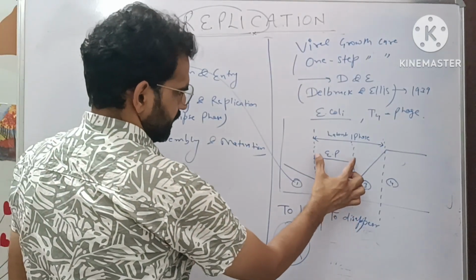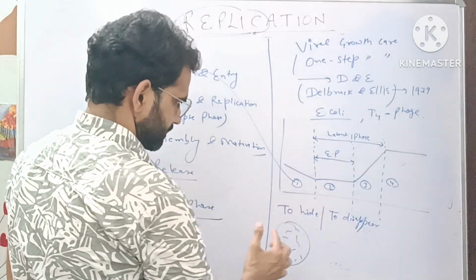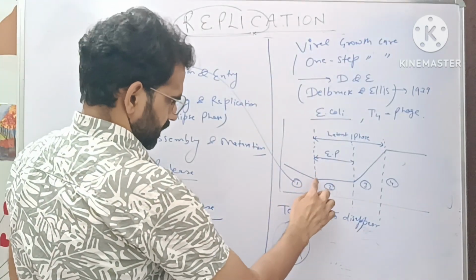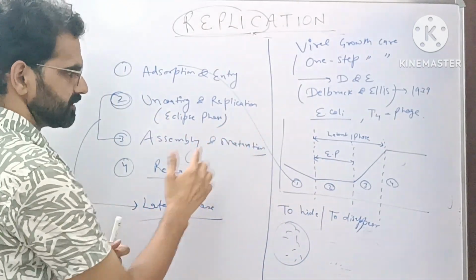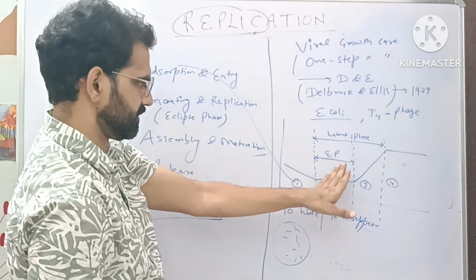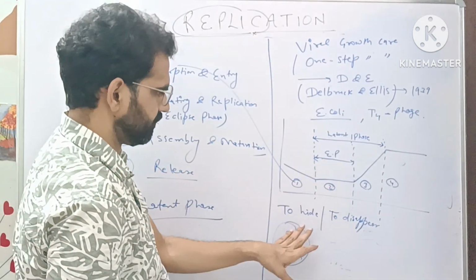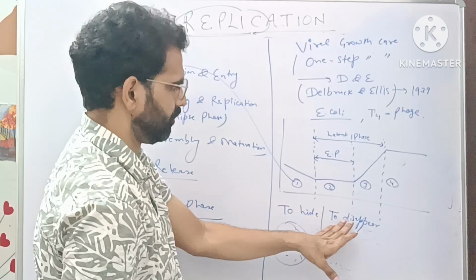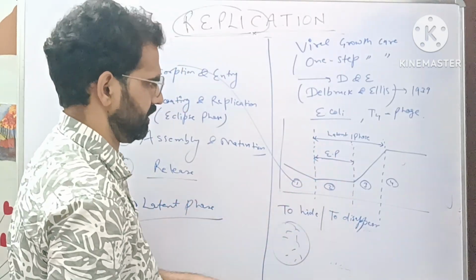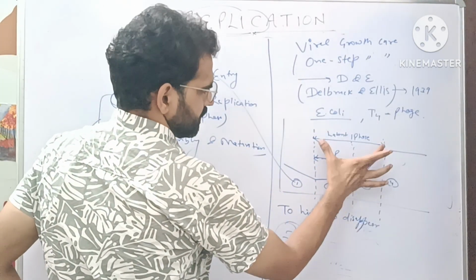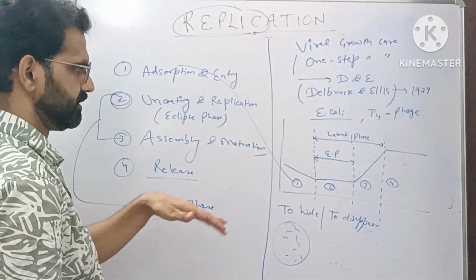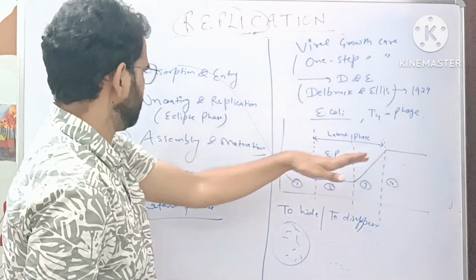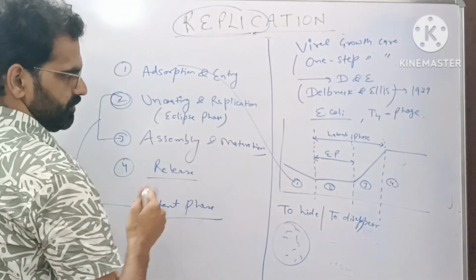And this eclipse period is the period where steps like uncoating, replication, transcription, and translation take place. So eclipse word itself indicates hide or disappearance of the virus particle. Then 2 and 3 combinedly known as latent phase of the virus, which includes eclipse plus these two, assembly and maturation.